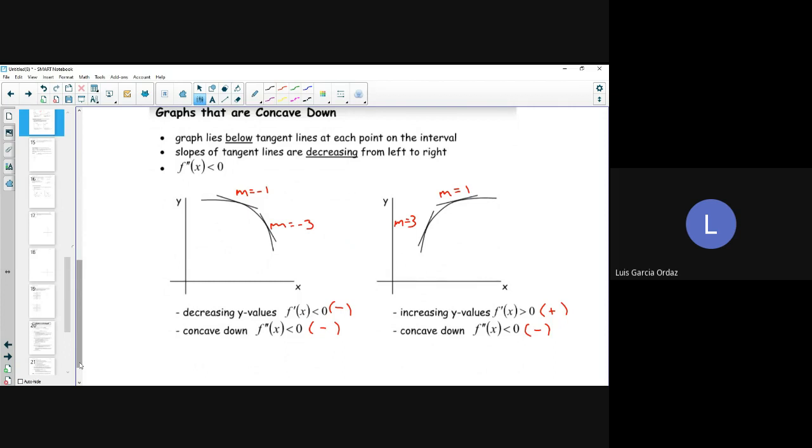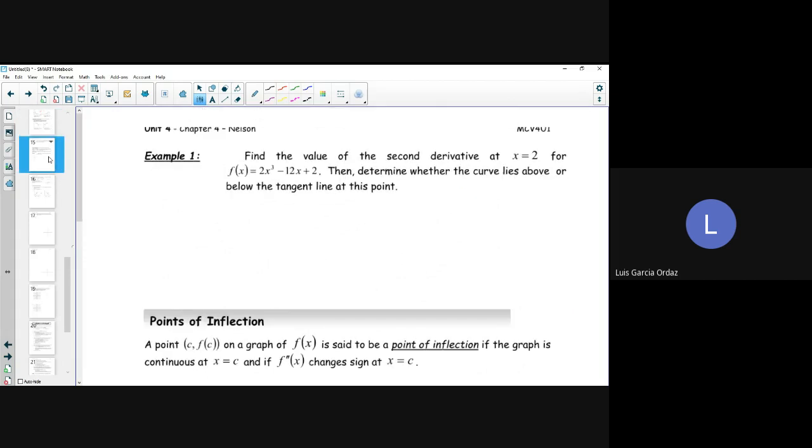So what does this all mean? How can we figure out when a graph is concave up or concave down? I want to find the value of the second derivative at x equal to 2 for f of x equals 2x cubed minus 12x plus 2. Then I want to determine whether the curve lies above or below the tangent line at this point.